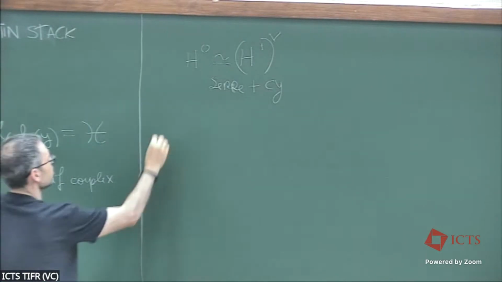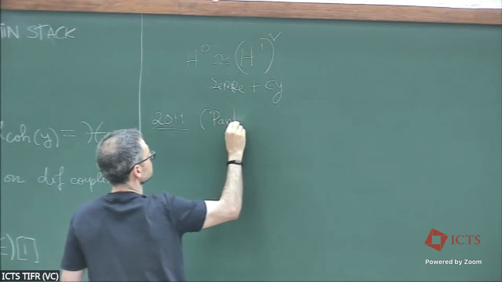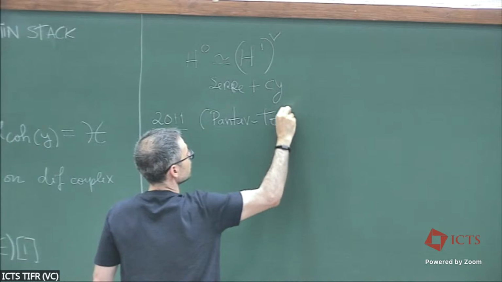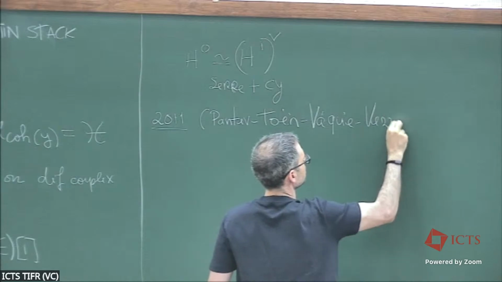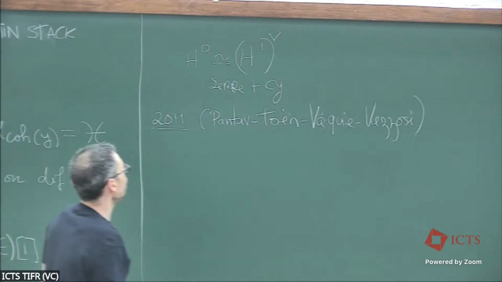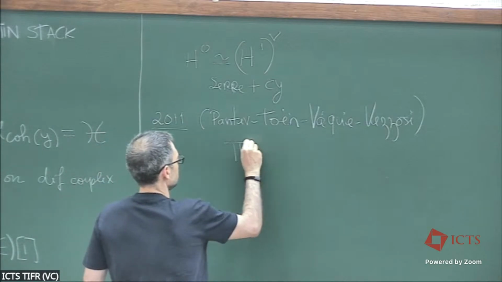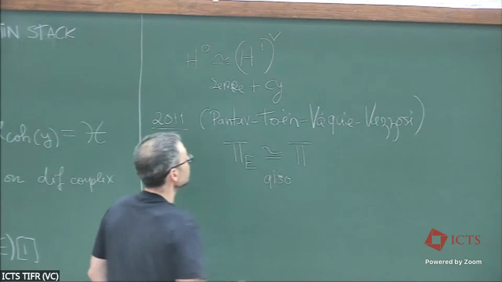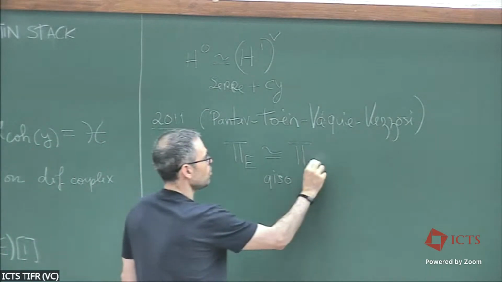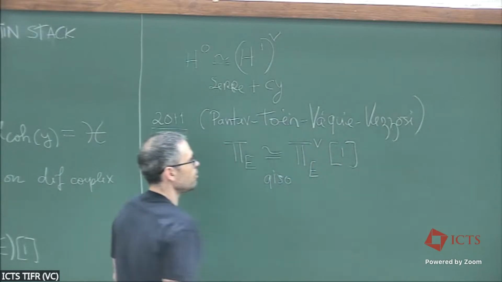And essentially, around 2011, Pantev, Toën, Vaquié, and Vezzosi reformulated this pairing in terms of something they called a shifted symplectic structure. In other words, for the purpose of what I want to say today, this pairing on cohomology can be seen as a quasi-isomorphism between the deformation complex and its dual with a shift by 1.